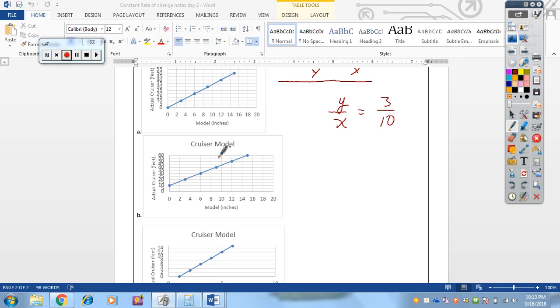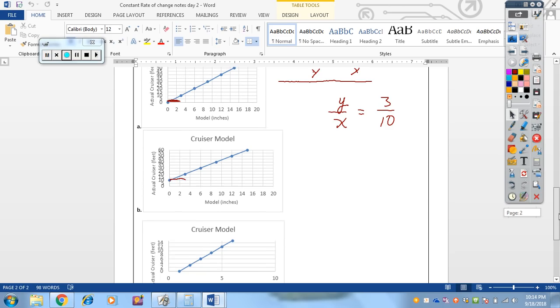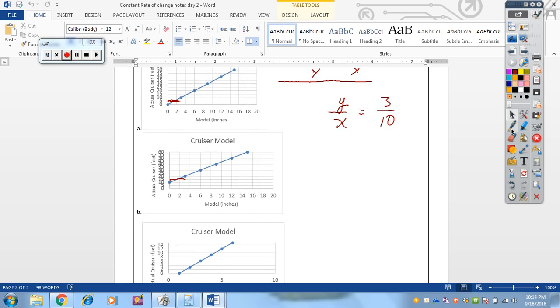And that looks a little bit hard to find, actually. Maybe that. This is 3. Is that a 10? What's this down here? Oh, I don't even know what that is, but I know it doesn't go through the origin, right?